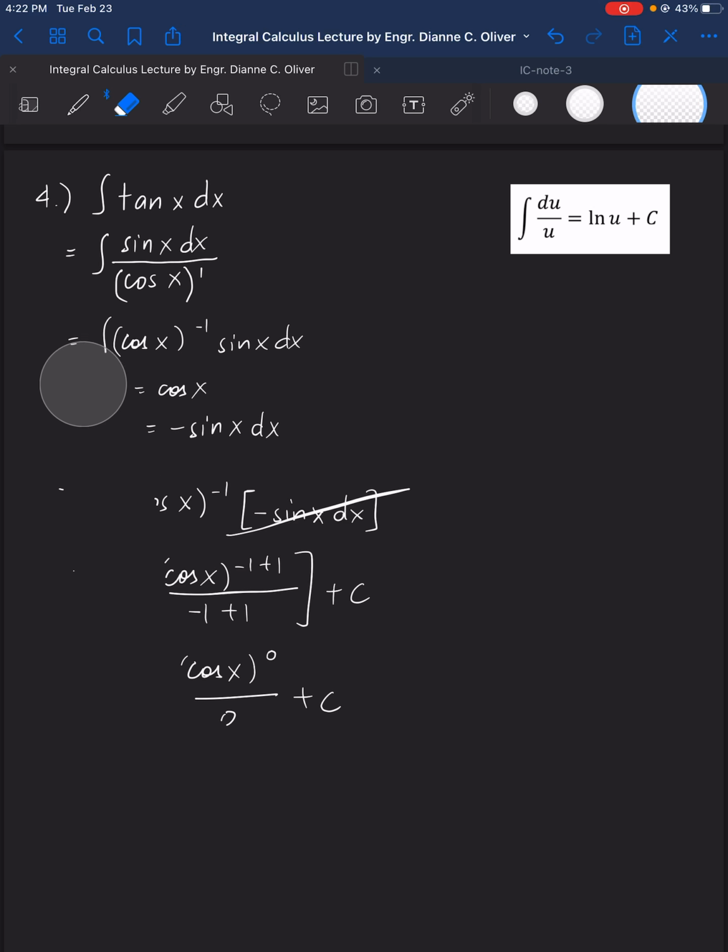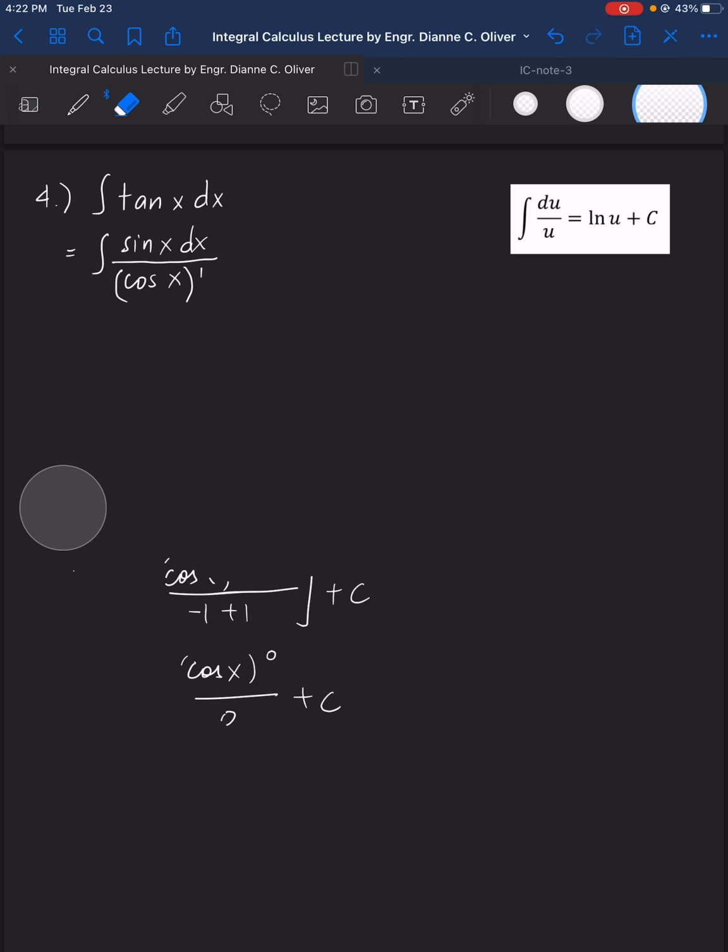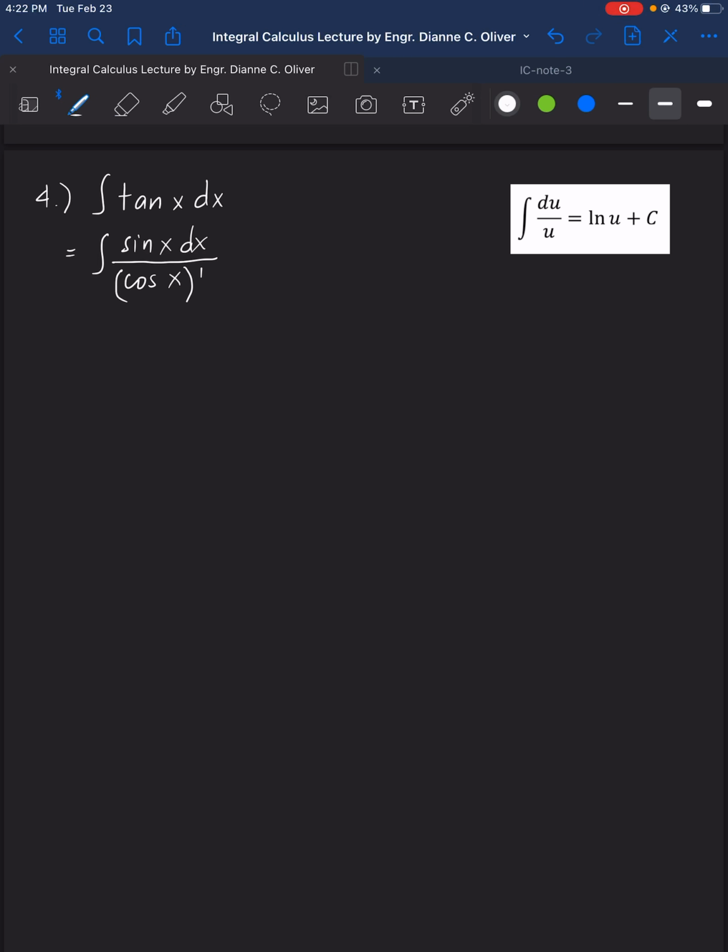Okay, so let's try that. Since the power here is 1, we will be using the logarithmic formula. So let u equal cosine x, du becomes negative sine x dx. Follow the pattern.